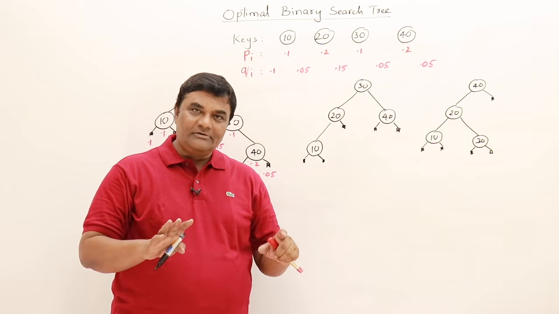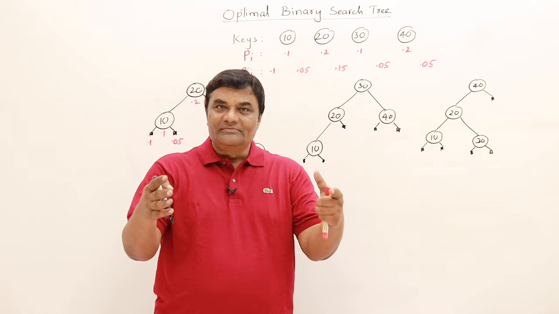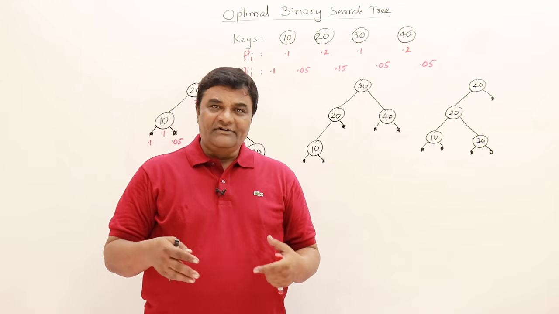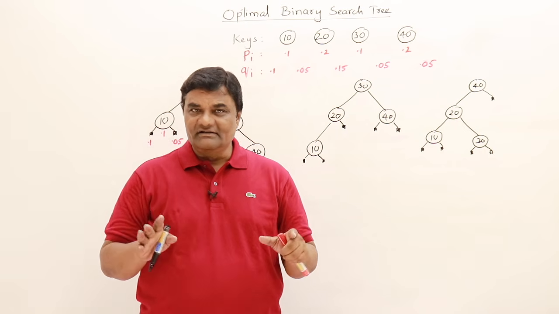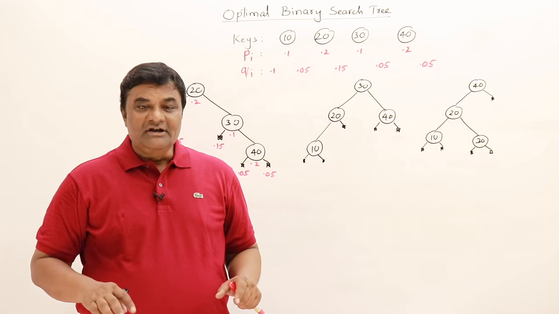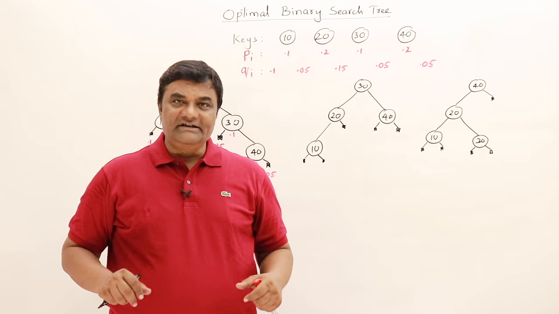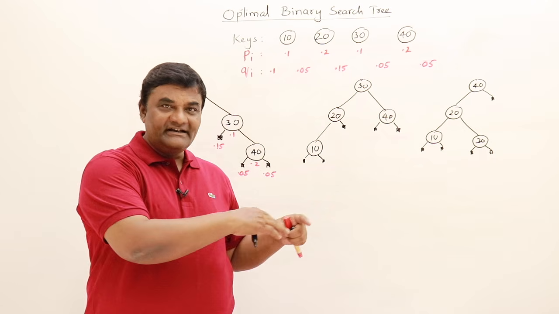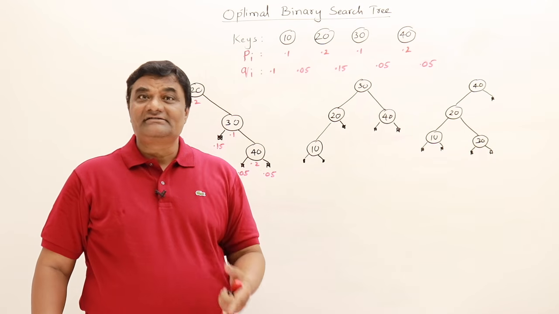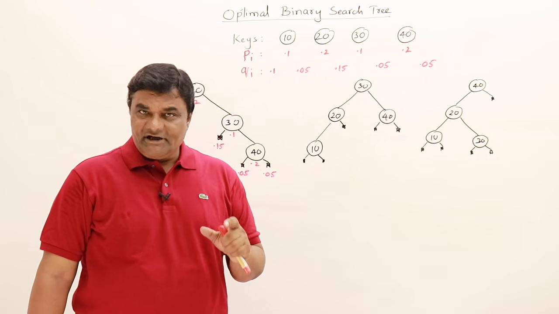For talking about probability, I'll take an example. Assume that you are running a small shop and you have a lot of items to sell. How have you arranged the items in your shop? A few are on the counter, at the entrance, a few are inside the shelf, a few are deeper inside your shop, and some of the items you have kept in the stock room, right?